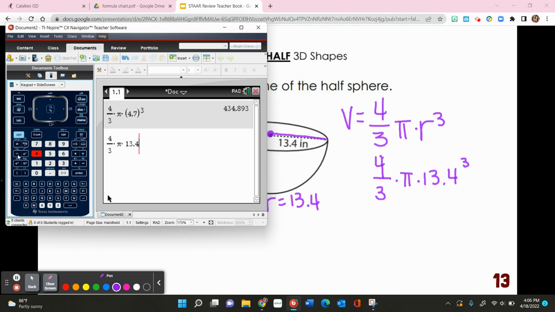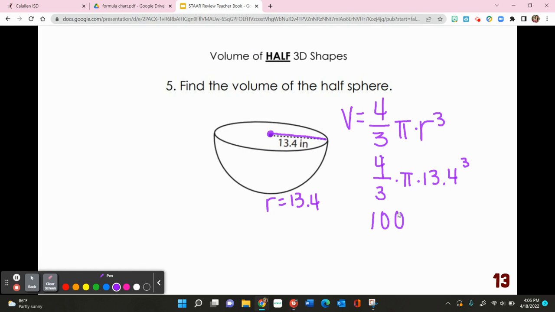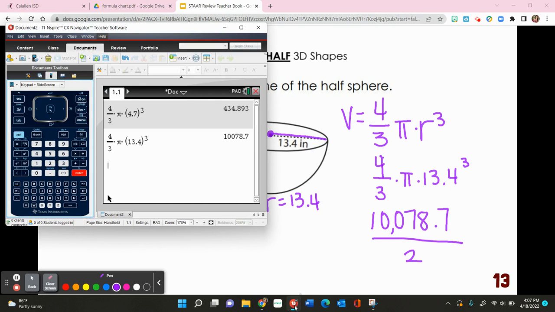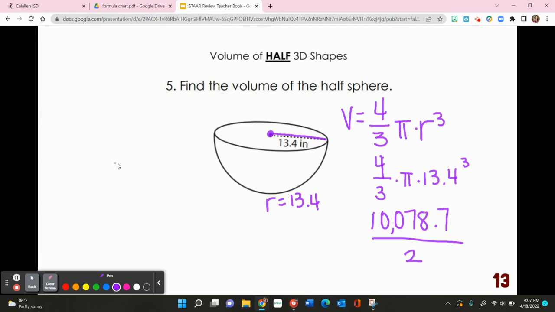So to get the cube, we're going to use that exponent, that caret top, 3, and we get 10,078.7. Now, since this is half of a sphere, our answer we will have to divide by 2. So when we divide by 2, we see that our answer is 5,039.3. So the volume is 5,039.3 inches cubed.